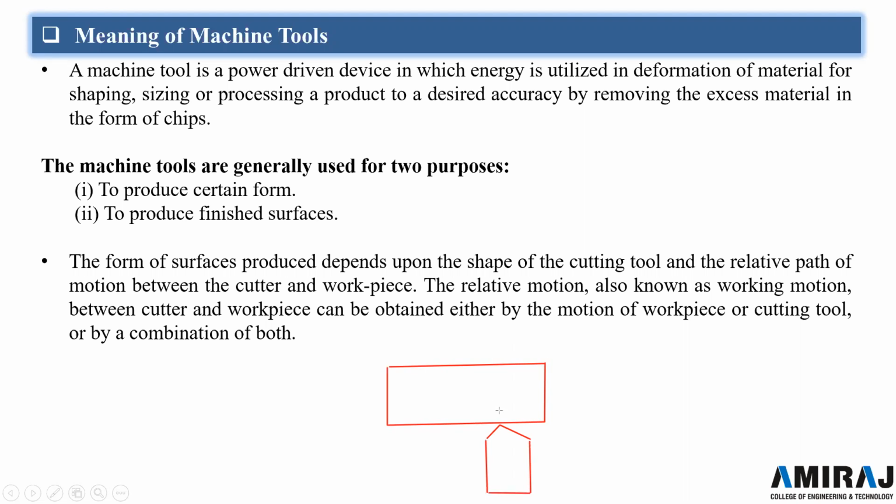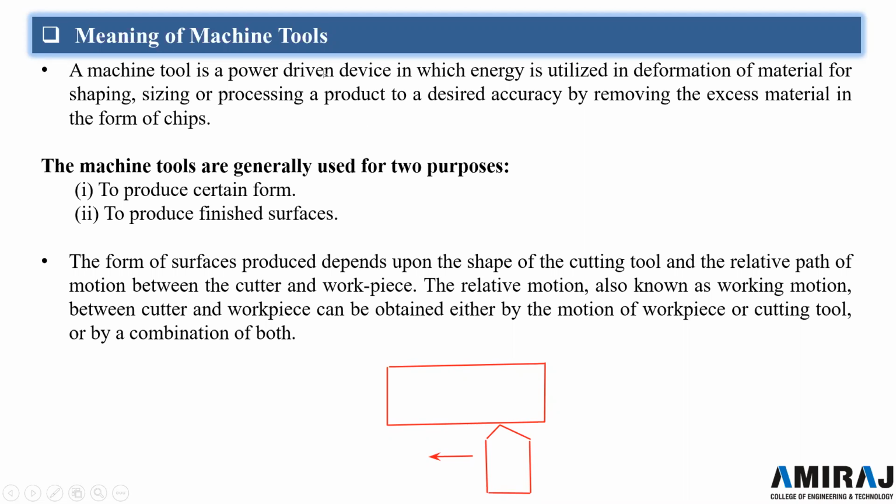We are supposed to reduce the diameter of this by machining. Suppose the machining is done in this direction, the diameter will be reduced. So in machining, the form produced depends upon the shape of the cutting tool and the relative path of motion between the cutter and workpiece. What is the relative path between cutter and workpiece?